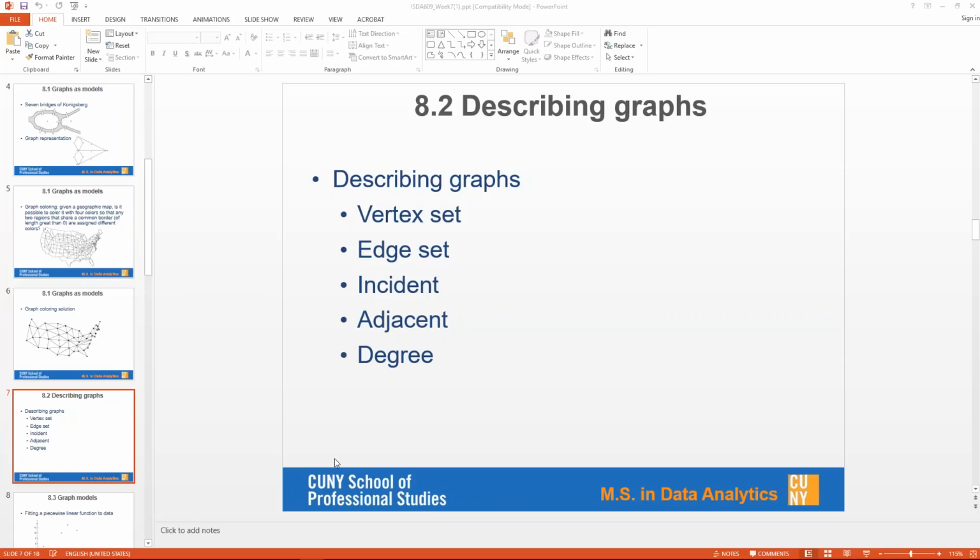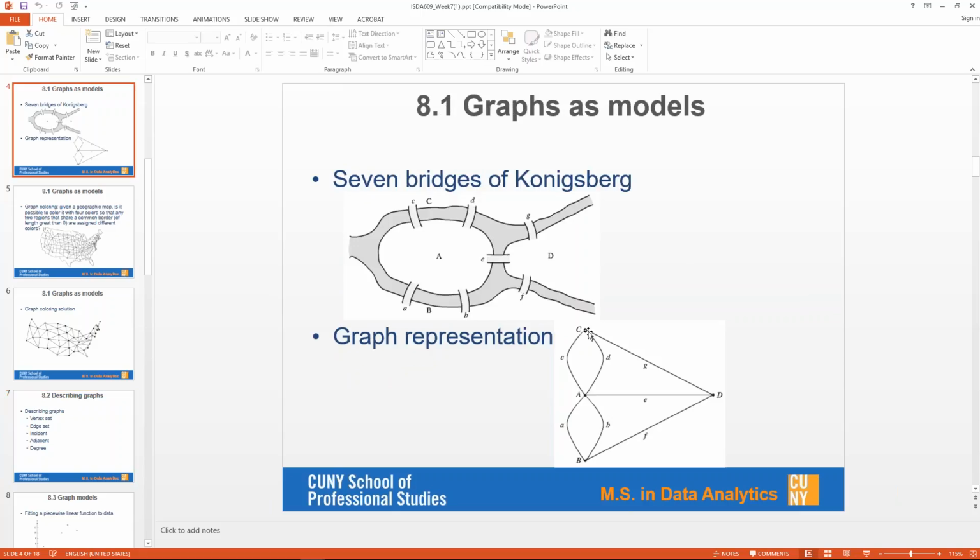How many edges are incident to a particular node is considered to be its degree. For example, for capitalized node C, it has a degree of 3. The c, d, and g edges are connected to node C. That's why it's called a degree of 3. And then node A has a degree of 5 because it has a, b, c, d, and e incident to node A.